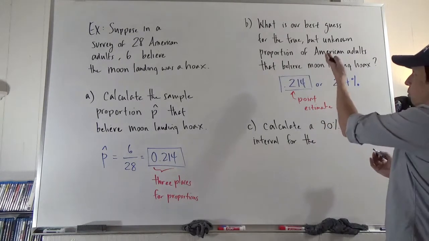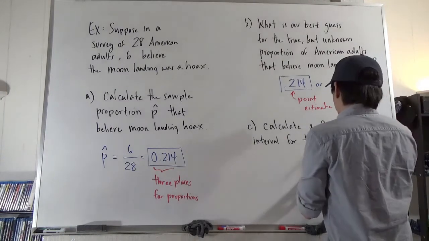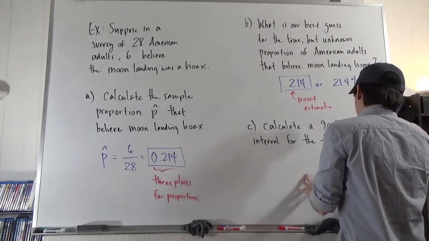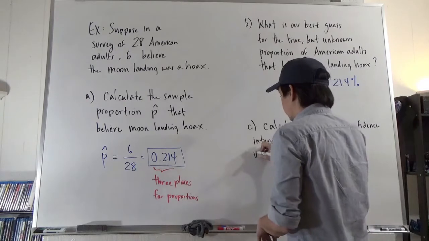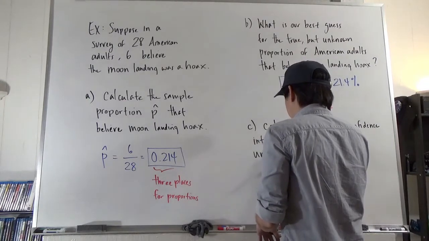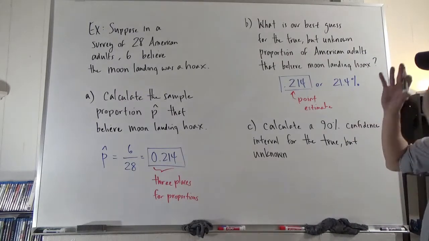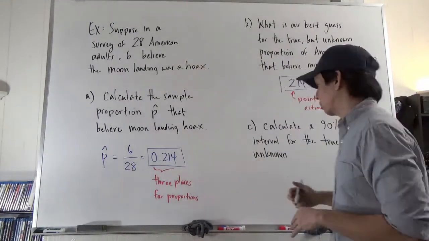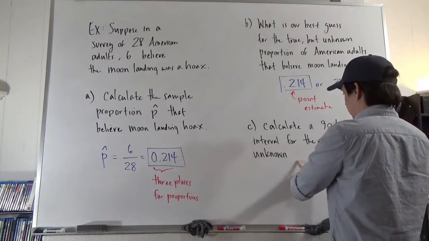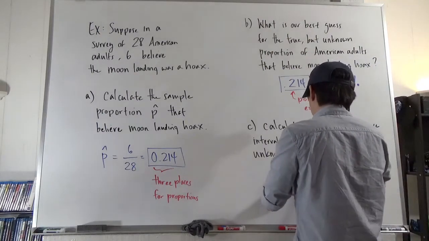And I'll, this one time again, emphasize this is the true but unknown. And I'm going to get away from writing that in the future, but I'm emphasizing now that the true proportion of American adults is an unknown thing. We don't know that. All we have is a sample to work with, but we're going to build a confidence interval for the true but unknown proportion.